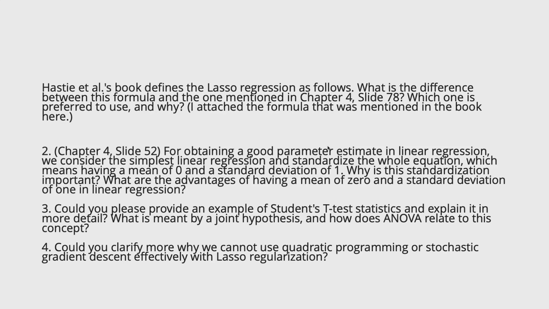Now let's assume that these are equally important. And now your regularization sets in. The regularization says, for example, that beta 1 plus beta 2 is less than 1,000.